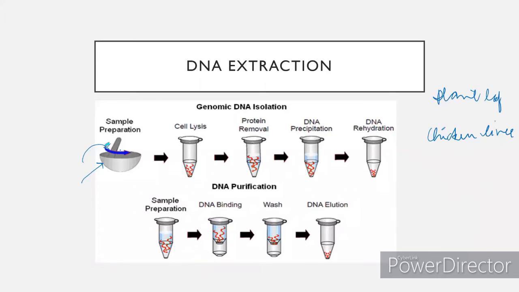And the solution was taken, and we have to centrifuge it. Then cell lysis takes place, and we have to add protease to it to remove the protein. These are just a few steps. There are many intermediate steps involved. Then we need to precipitate the DNA with the help of ethanol, and then we can visualize the DNA.